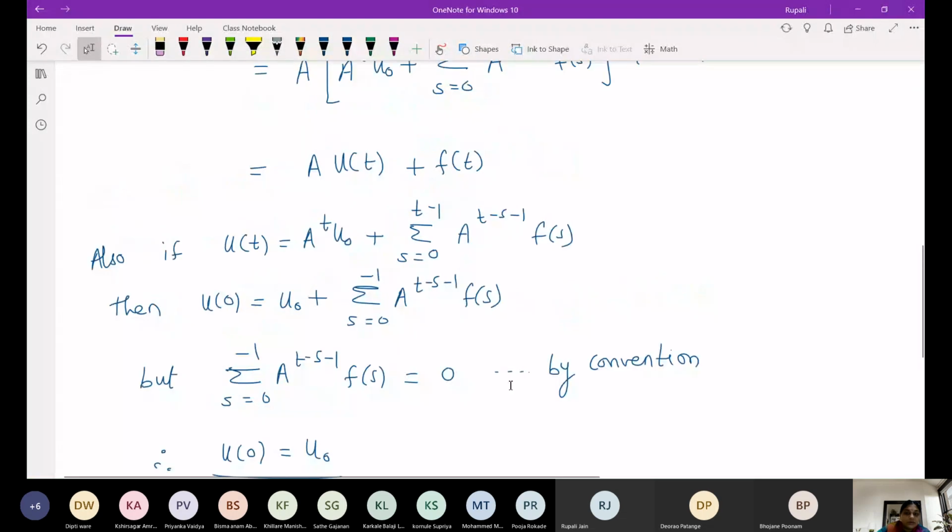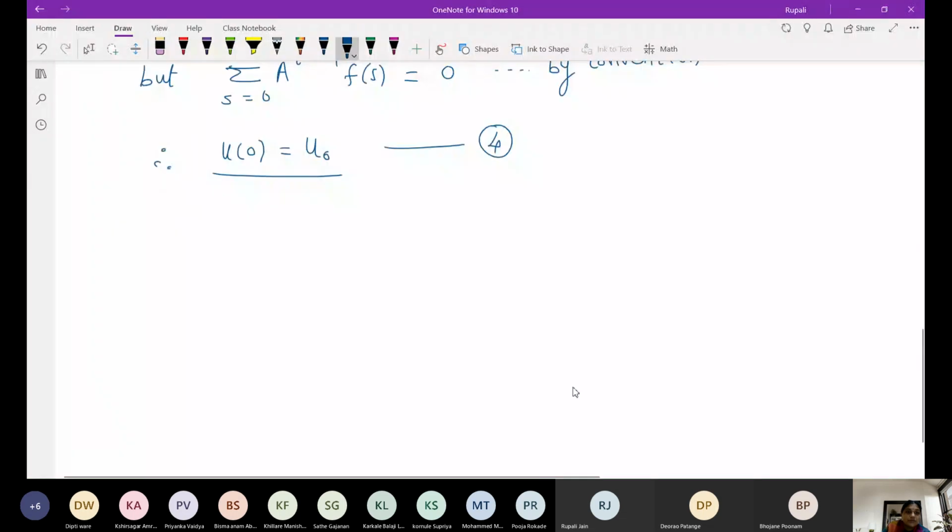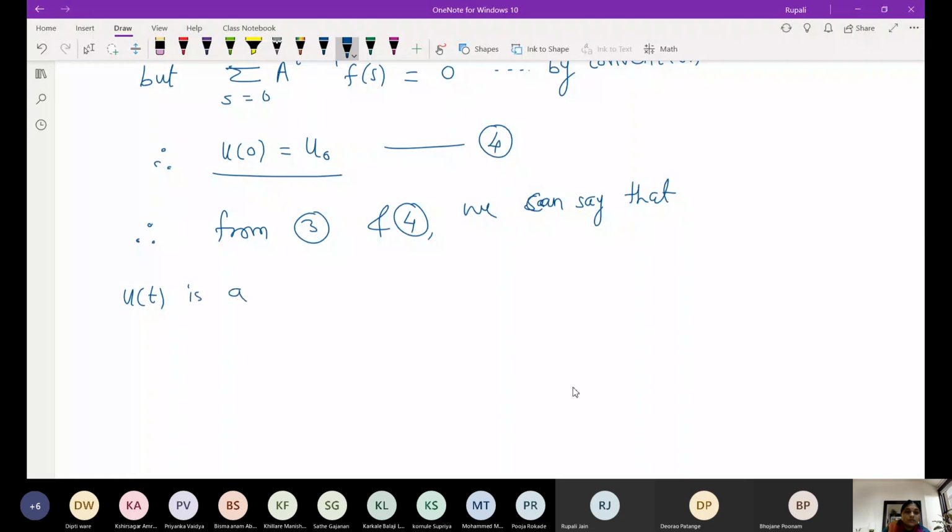So from 3 and 4, we can say that ut is a solution of equation 1, with ut given by 2. Is that okay?